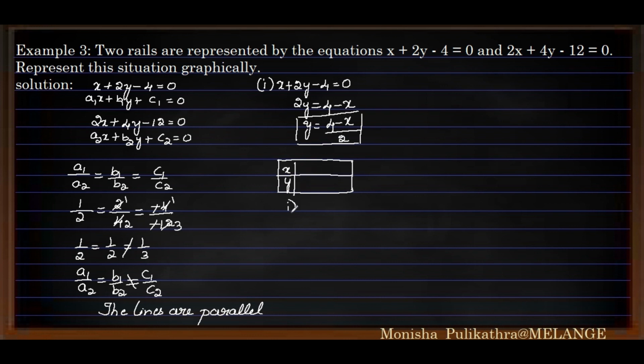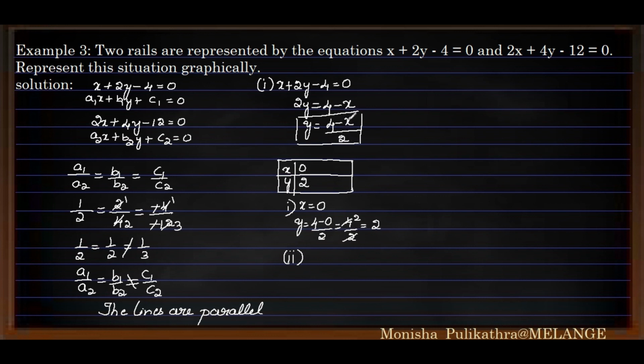Okay, in the first case, if I substitute x equals 0, 4 will remain, and 2 2s are 4, so we can divide it. So the first convenient point is x equals 0 itself. y equals 4 minus 0 divided by 2, which is 4 divided by 2, 2 1s are 2, 2 2s are 4. So when x is 0, y is 2. Next the second point. When I take x equals 1, 4 minus 1 is 3, and 3 is not divisible by 2.